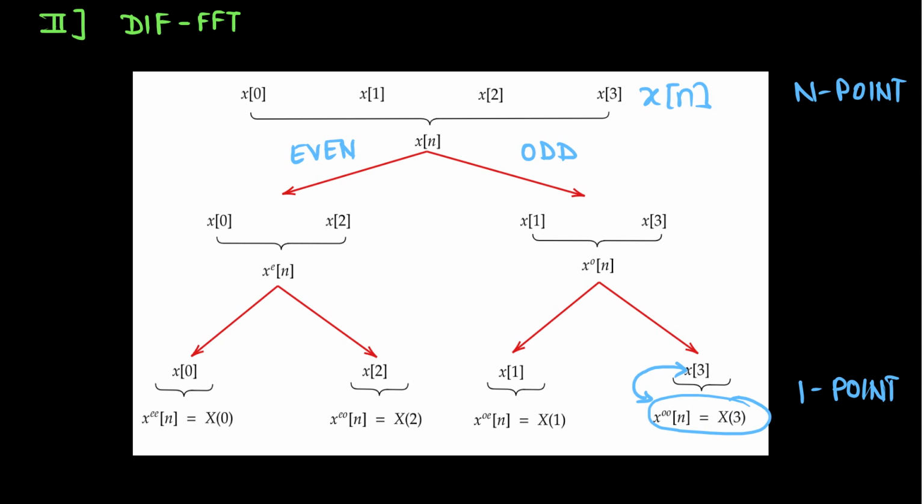So what we get here is the final sequence of x of n or X of k. Now again, the X of k values that we are obtaining at the end are X of 0, X of 2, X of 1 and X of 3. So therefore the X of k values that are obtained are in bit reversed form.